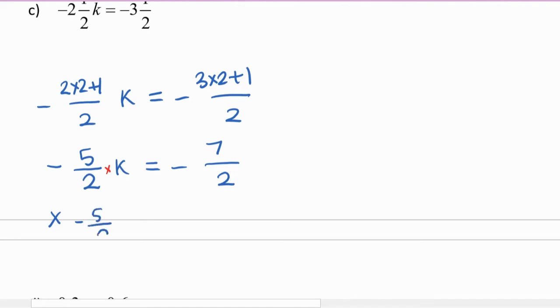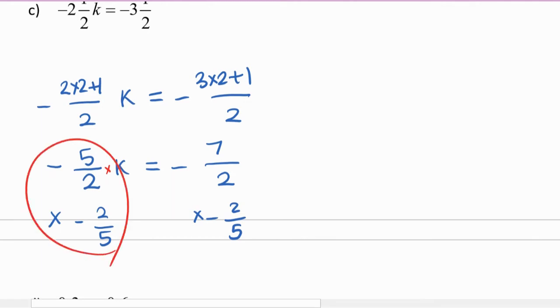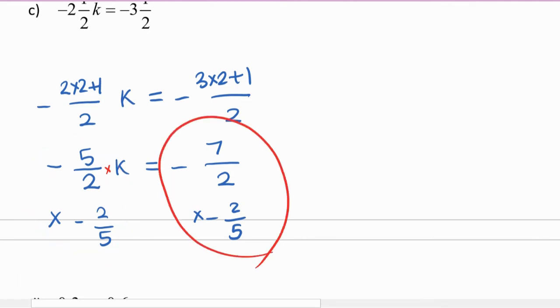Remember the keep, change, flip method: 2 over 5. And whatever you do on one side, you have to do the same thing on the other side. So you multiply by negative 2 over 5, and this will be gone. I'm going to calculate this.